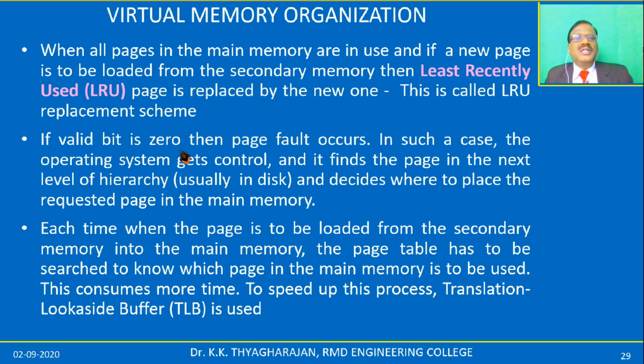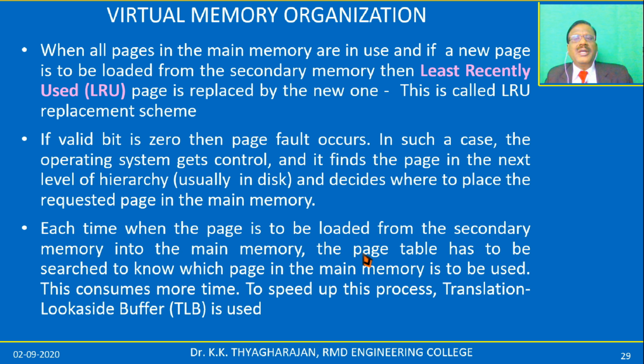If a valid bit is 0, then a page fault occurs. In such a case, the operating system gets control and it finds the page in the next level of hierarchy, that is from the disk, and decides where to place that requested page in the main memory.